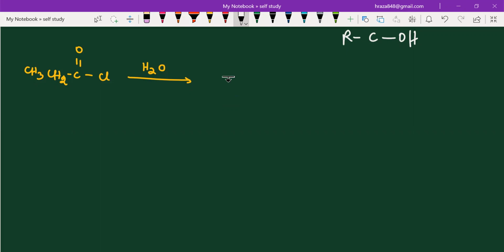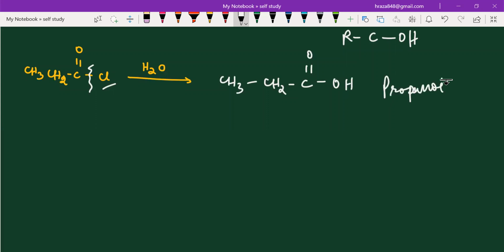So what happened? This will be broken and OH will replace this Cl. What will be the name of the product? Propanoic acid. It's a propanoic acid, yes or no? Yes, sir. So it's very easy.